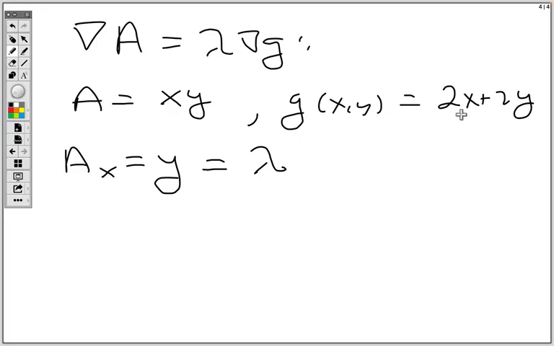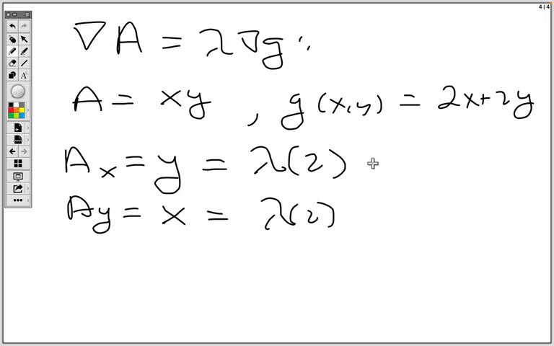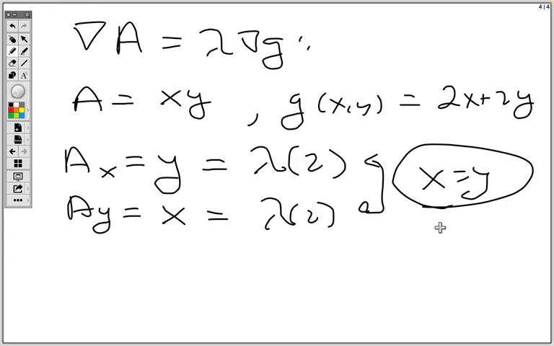That's going to be lambda g_x. And my A_y, partial with respect to y treating x as a constant, would be x. That's going to be lambda times 2. So we get right off the bat that x and y have to be the same. And then whatever x and y are, lambda is just 2 times that.